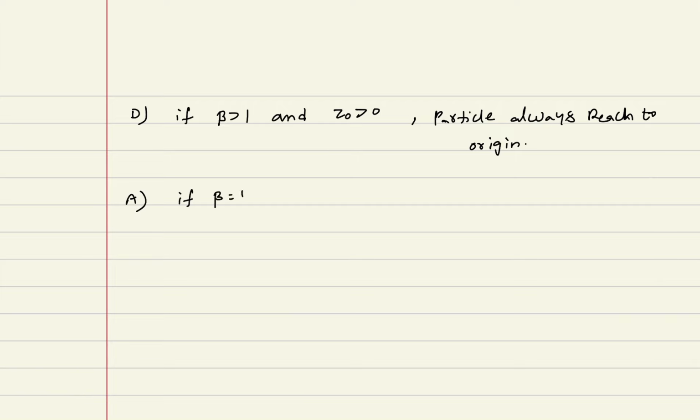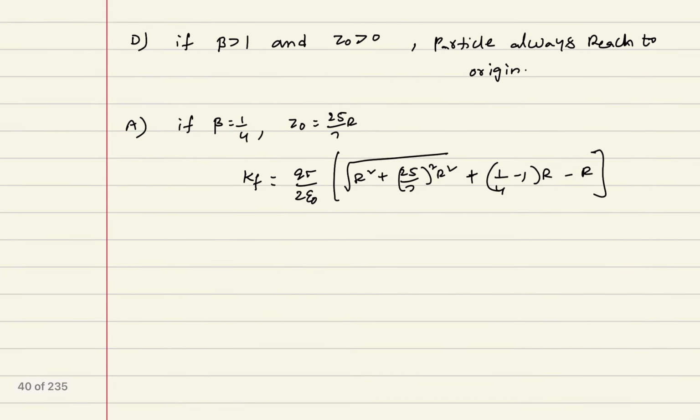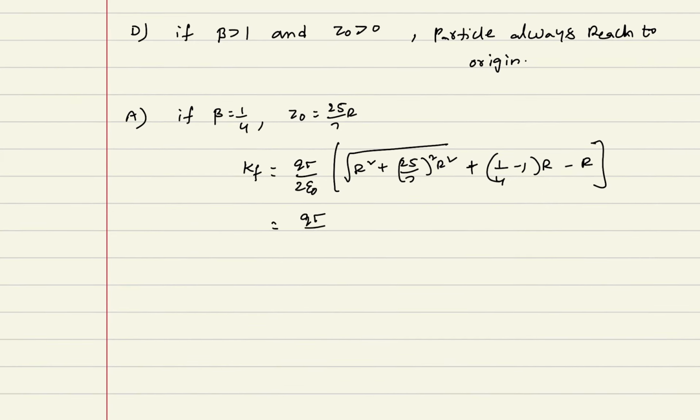For beta equal to 1 by 4, z naught equal to 25 by 7 r, option A. If beta value is 1 by 4, z naught is equal to 25 by 7 r, the final kinetic energy value, you know that q sigma by 2 epsilon naught, root of r square plus z naught square, 25 by 7 whole square r square, plus beta, 1 by 4 minus 1, into r minus r.